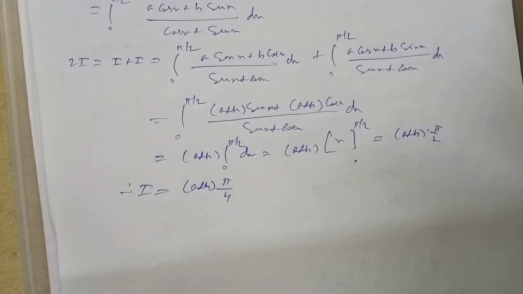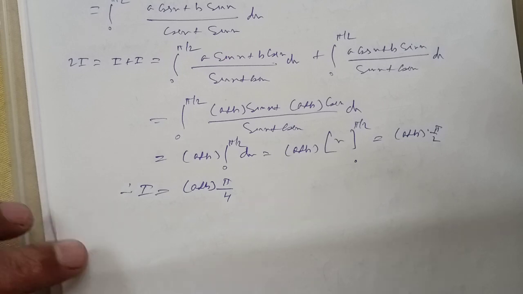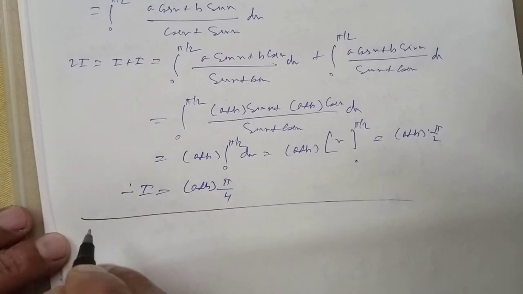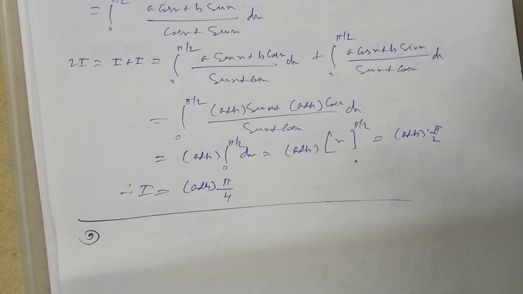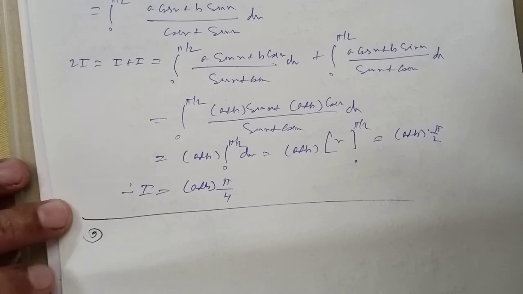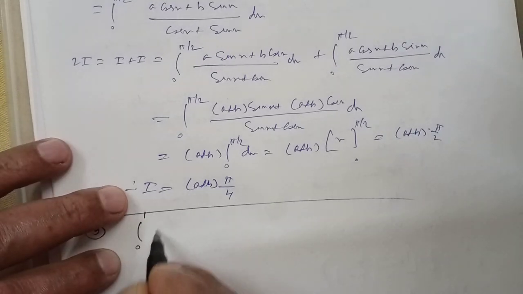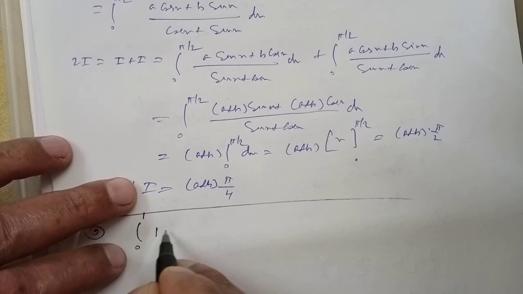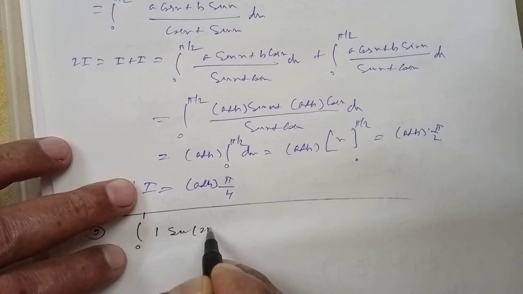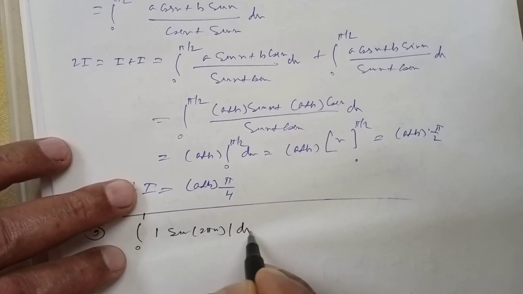Next, let us go to our ninth problem. Our ninth problem is integration 0 to 1 of mod of sine of 2 pi x dx.